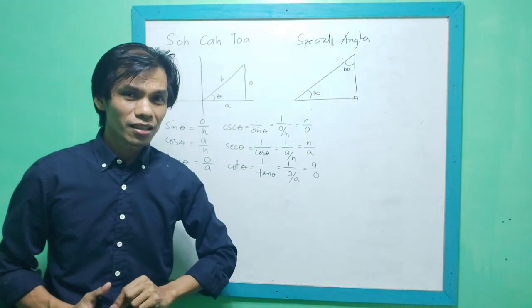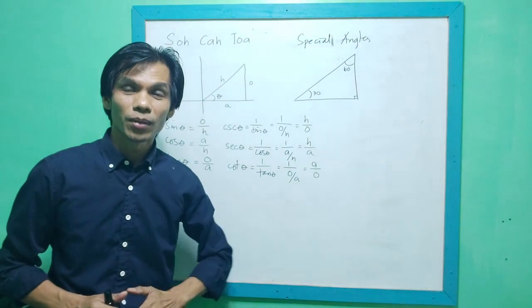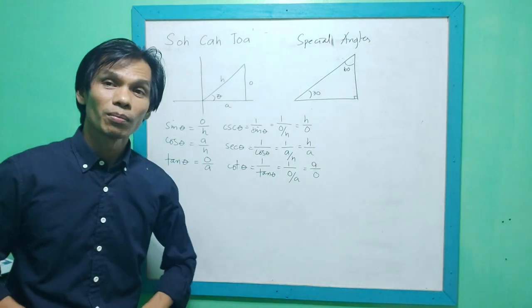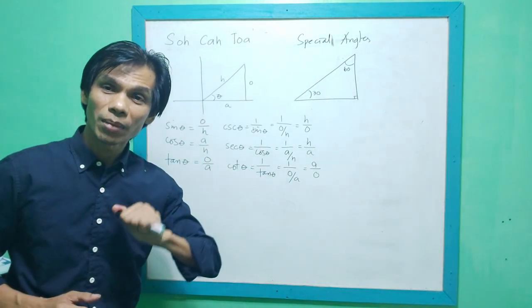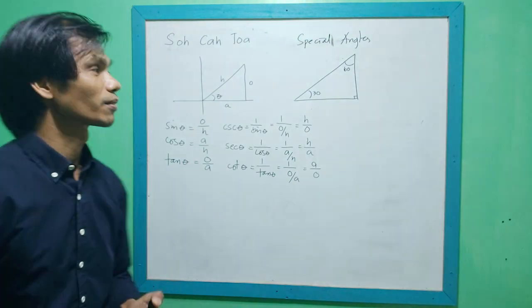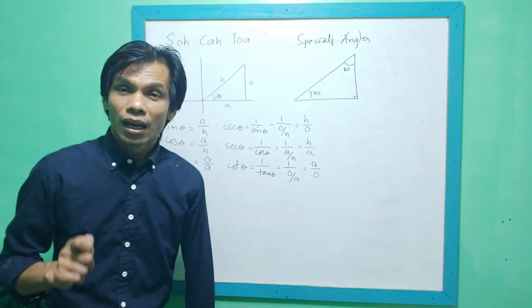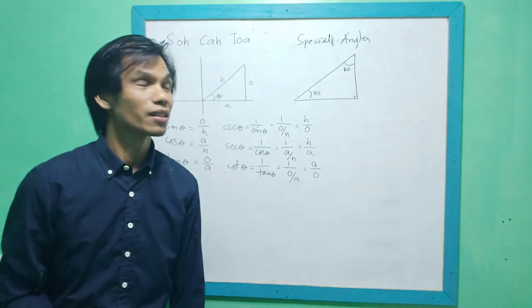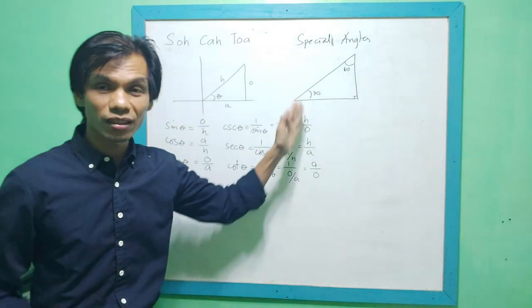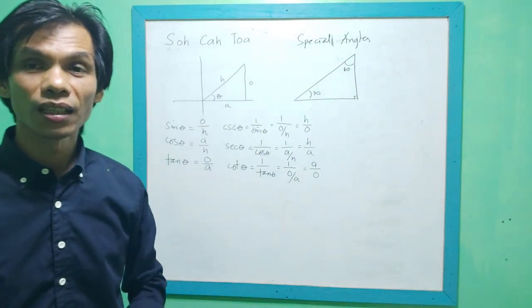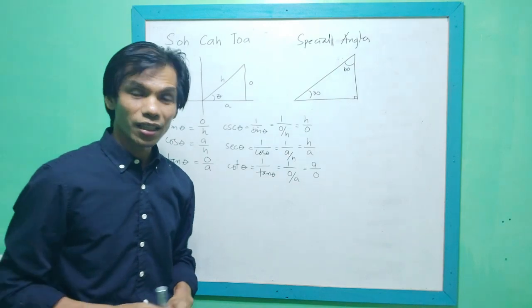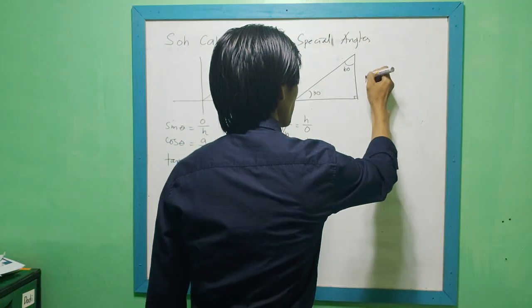Madalas yung mga estudyante ko, bago pa lumabas yung sagot nila sa calculator, meron akong sagot. So, sabi nila, ang bilis mo naman, sir. Because I have a way para na-memorize ko na yung mga values niya. Ang kailangan mo lang malaman is kung 30 degrees, 30, 60 to na triangle, ang pinakamaigsi ay 1.